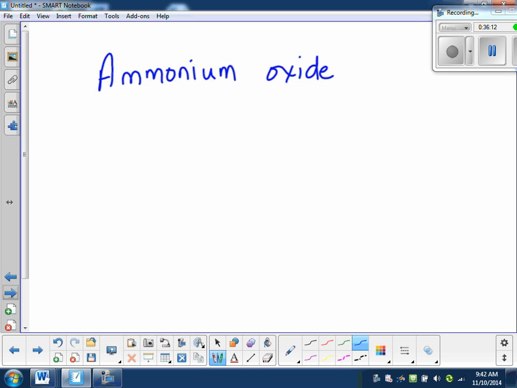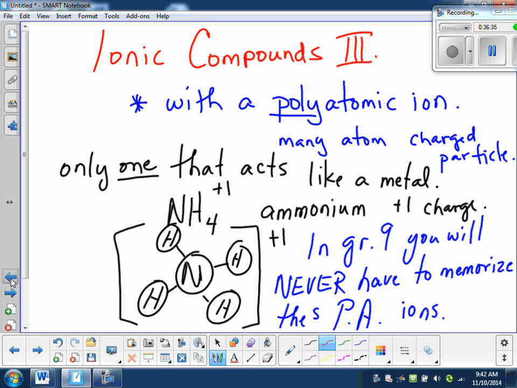Let's convert a name of this into a formula, a chemical formula. Daniel, you think you could walk through this with me? How could we change ammonium oxide into this? If you look on your chart on page 92 in your textbook, it's got ammonium in there, but I just wrote it a couple frames ago. Right? We said ammonium is the only one that acts like a metal.